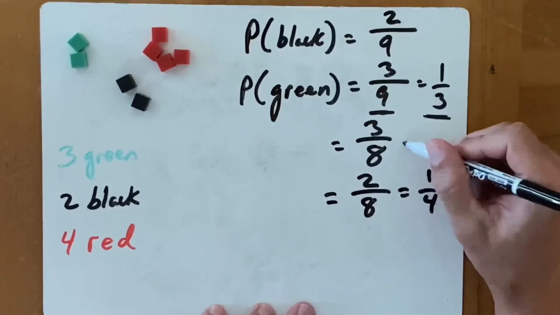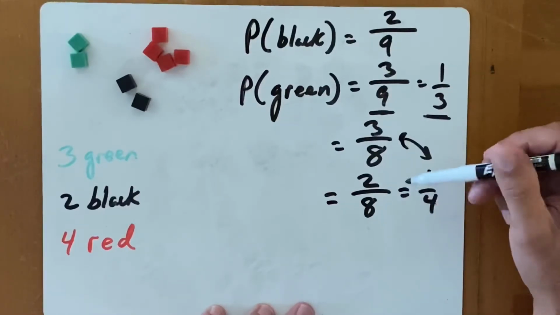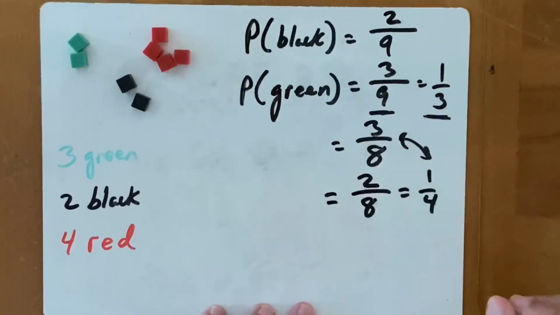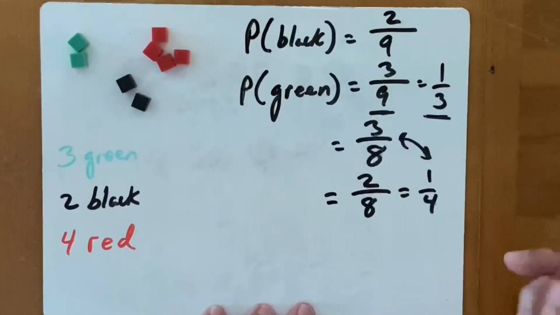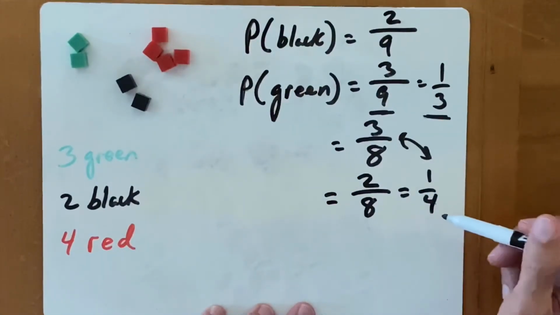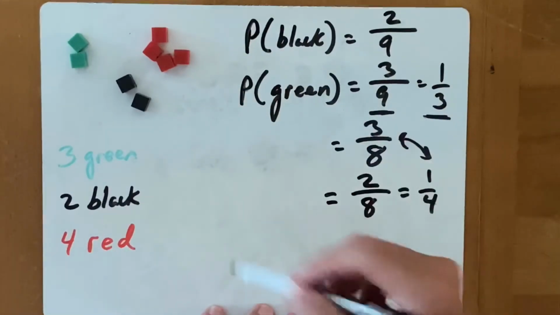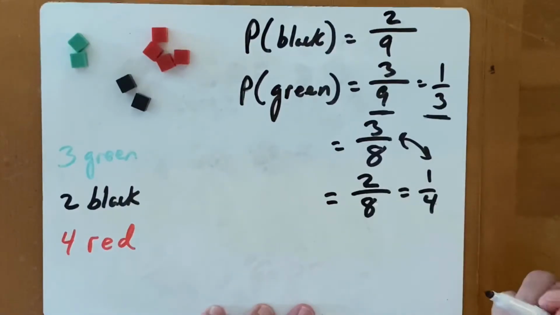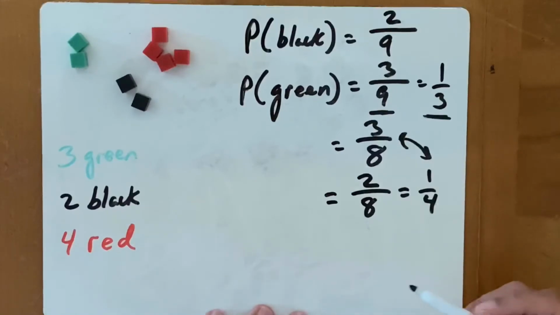As you can see, these two probabilities are different because they depended on what happened on the first try. If I took out a black one, then I had a 3/8 chance. If I had pulled the green one first, now I only have a 1/4 chance of pulling that green, because the initial pull changed the total outcomes of the next event. So that's an example of a dependent event.